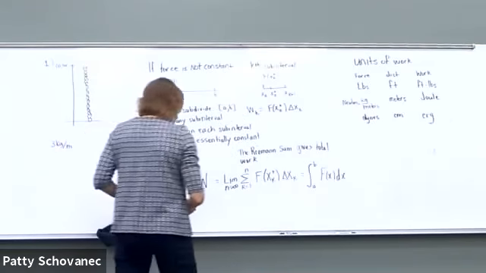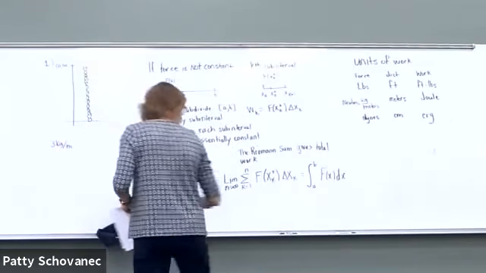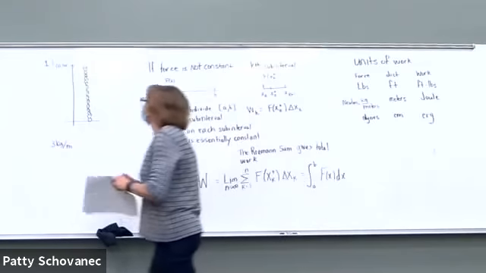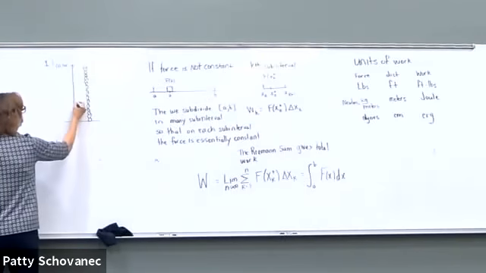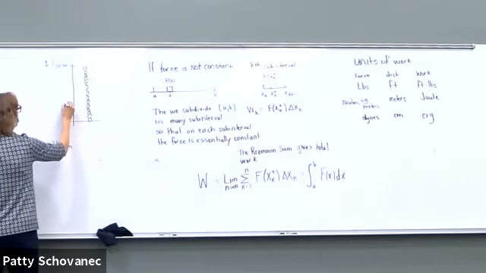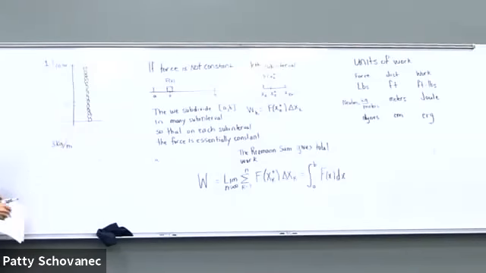So I've got a couple of things I need to do. I need to cut this cable into a little tiny piece. Let's go out here somewhere on the y-axis and make a piece of length delta y, delta y meters of chain.